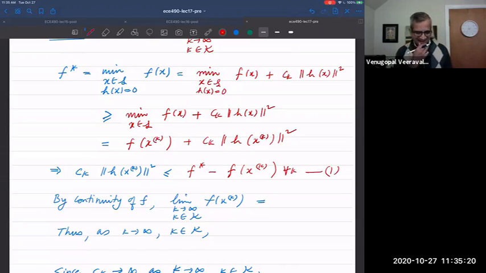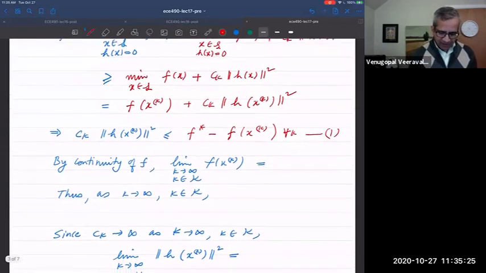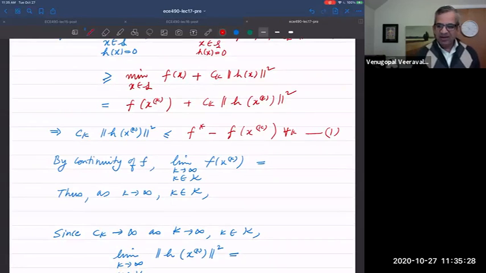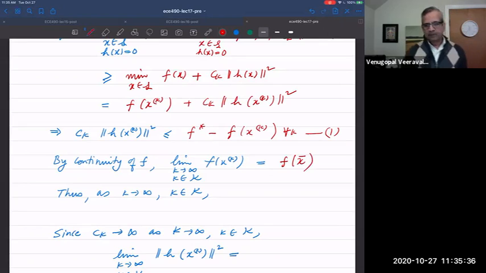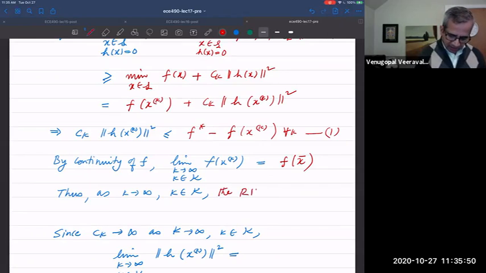Now, by continuity of f, we know that the limit of f of xk has to go to f of x bar, because on this subsequence, as k goes to infinity, the right-hand side of this function goes to some finite quantity.